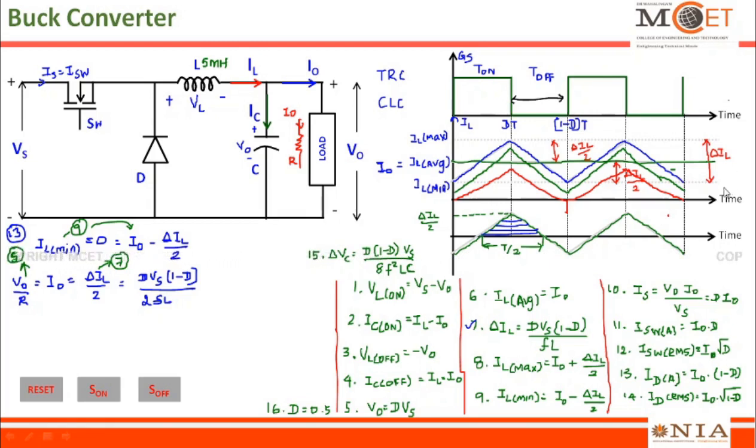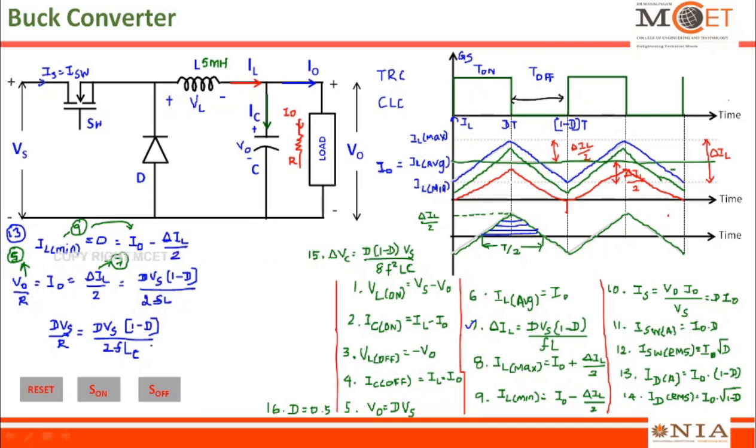So if I do that, my equation will be something like this: D into Vs by R, which is equal to D into Vs into 1 minus D whole divided by 2 times F into the value of inductance is now called as critical inductance.